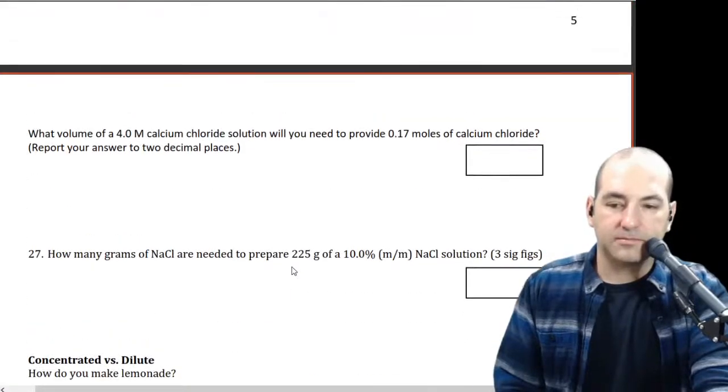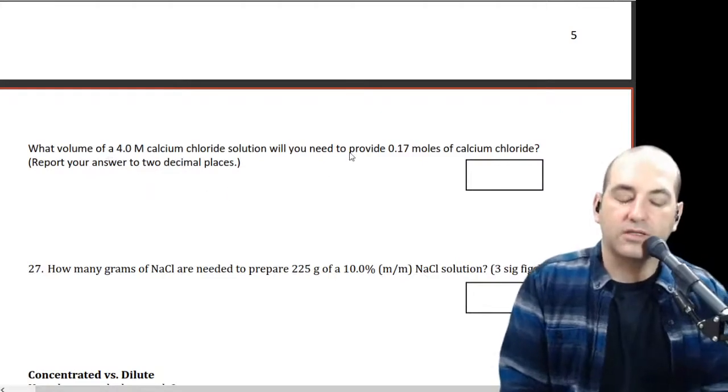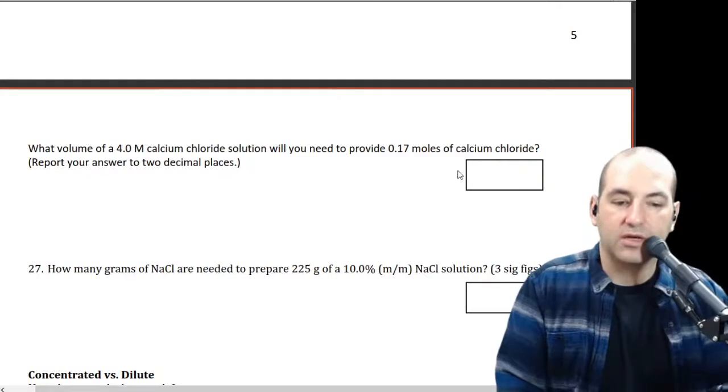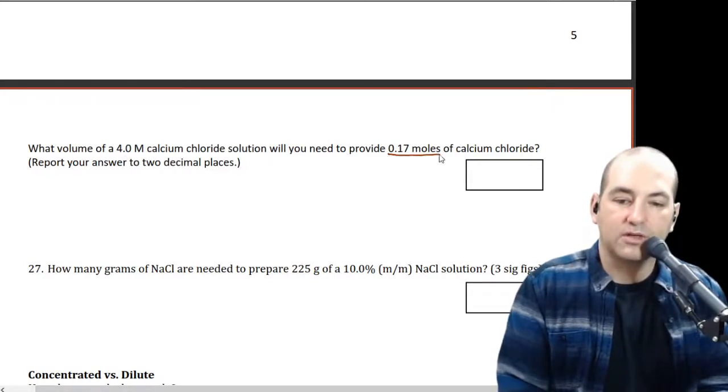All right. Let's look at these other two together. So these are also ways that we can use concentration as a conversion factor to go between volume and mass or volume and moles. Again, 4 molar calcium chloride solution to provide 0.17 moles of calcium chloride.